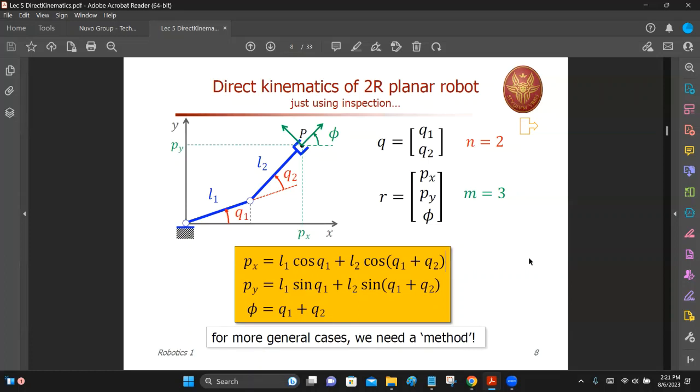Even though this is very simple, it is simple because the manipulator is so simple, just a 2 degree of freedom planar manipulator. Most typical manipulators are not that easy. They are in 3-dimensional space, so it's complicated. You cannot actually scale up this method to higher degrees of freedom manipulators.